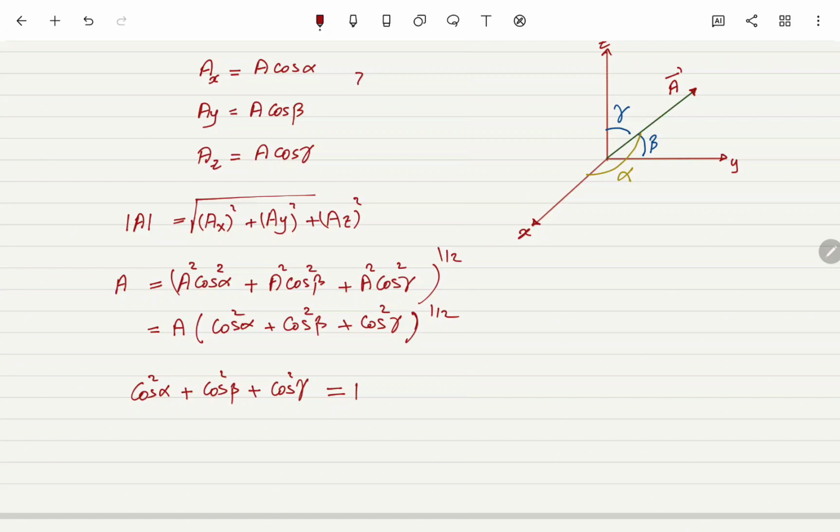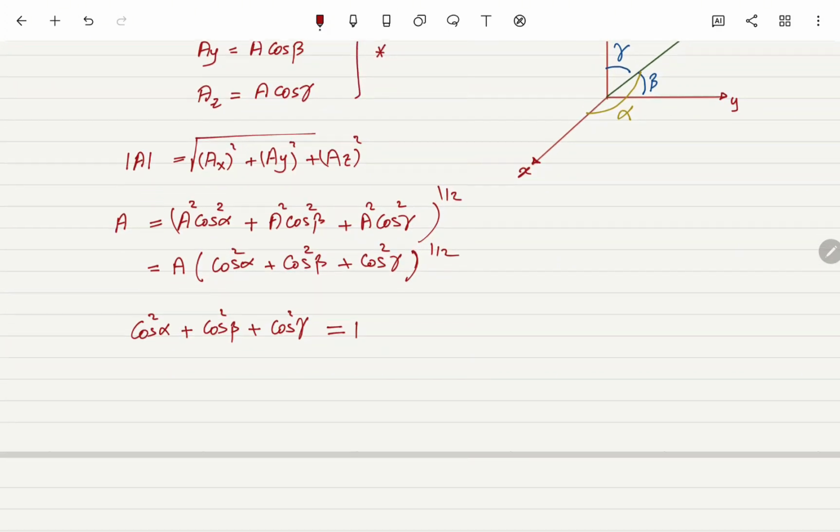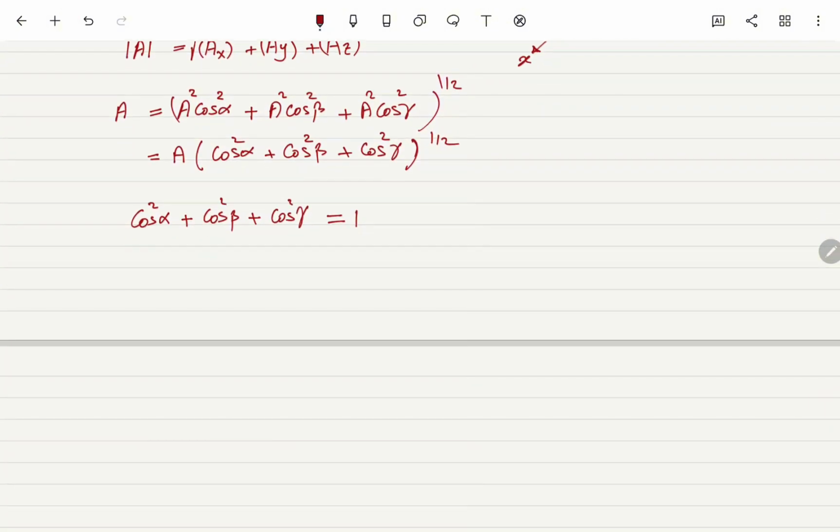Back to the equations here, we can find that cosine alpha equals AX divided by (AX squared plus AY squared plus AZ squared) to the power half.